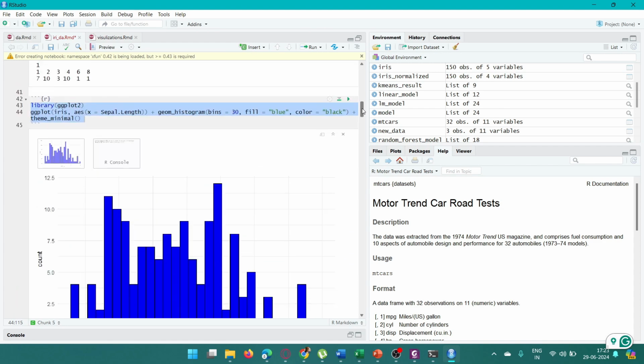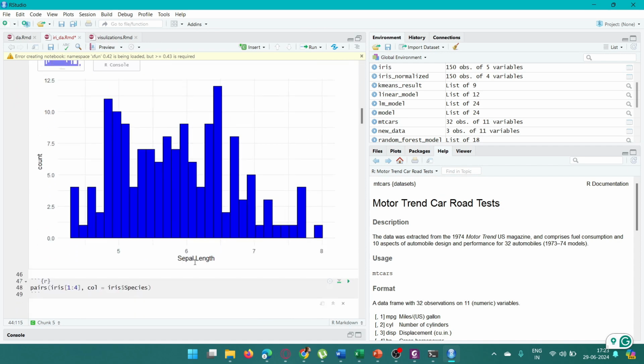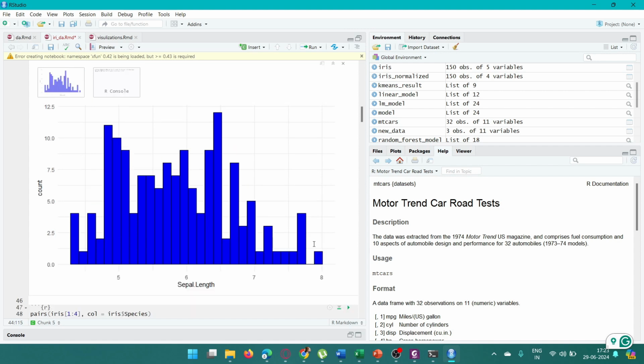Since we mentioned sepal length as the x-axis variable to be analyzed, sepal length is given here. This sepal length takes values ranging from 1 up to 8, maybe in centimeters. So you can see the frequency distribution of these values.